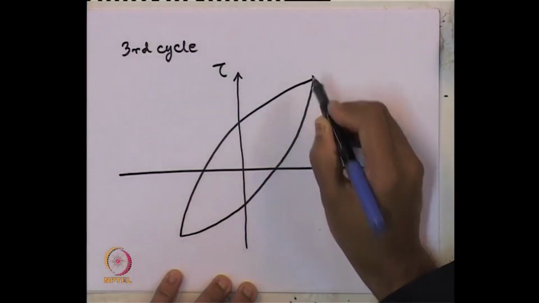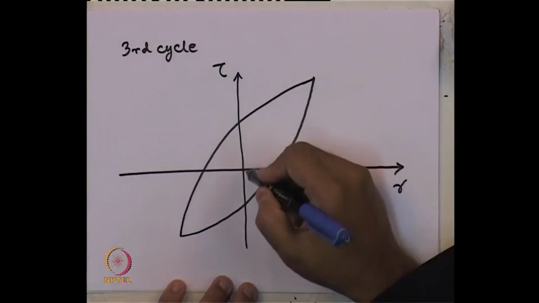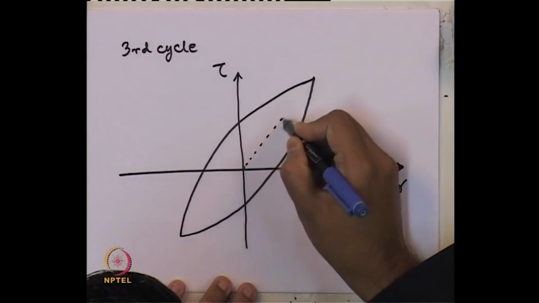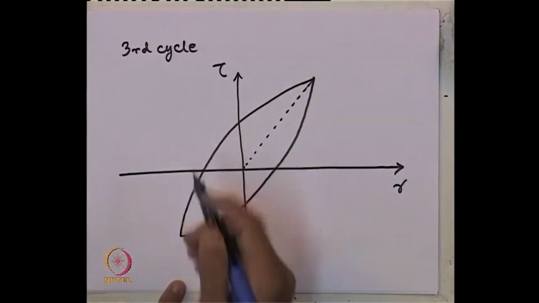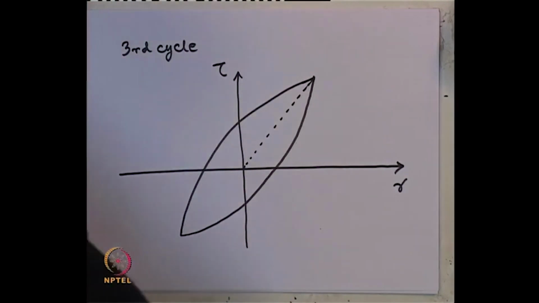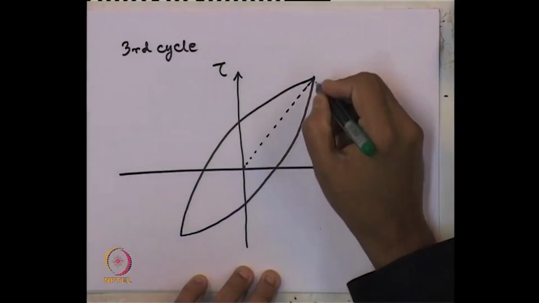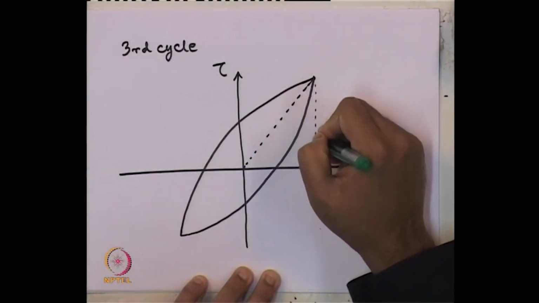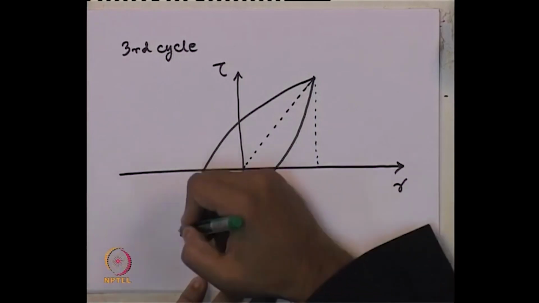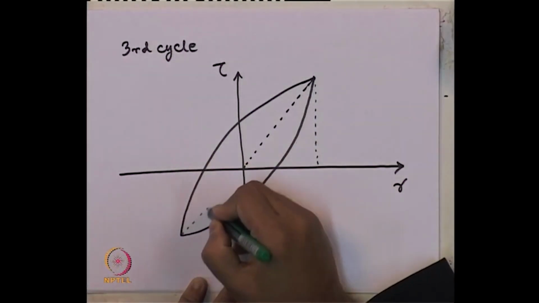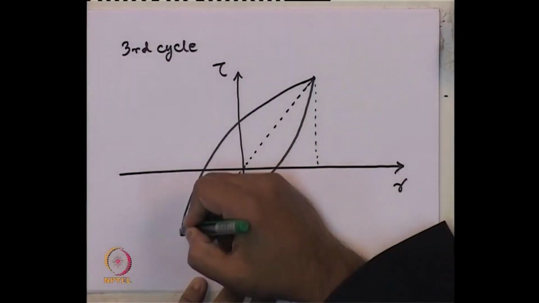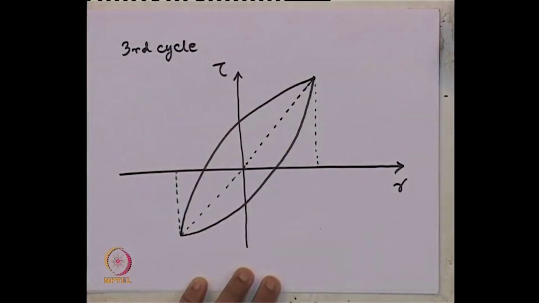Let us say the hysteresis curve looks like this. This is for third cycle I am using. So, let me give the nomenclature of various points, because it will be required for us to compute the damping ratio of the system.